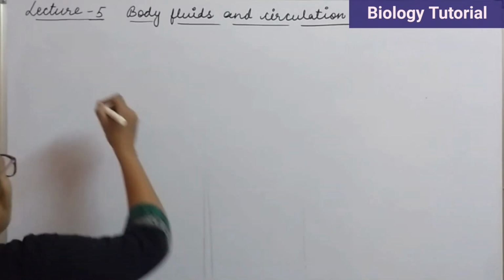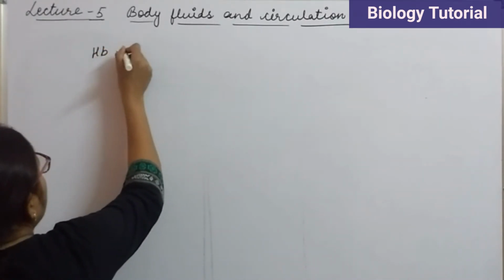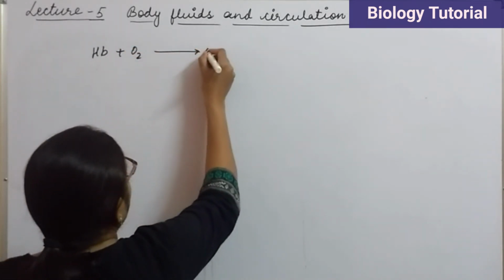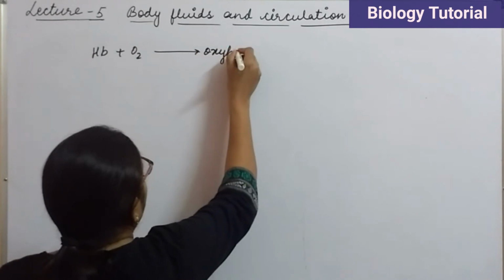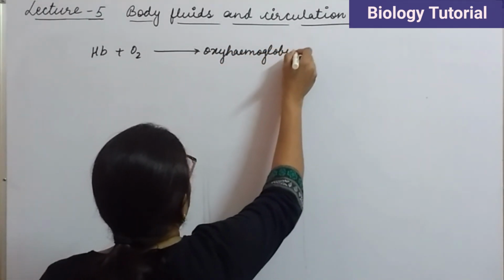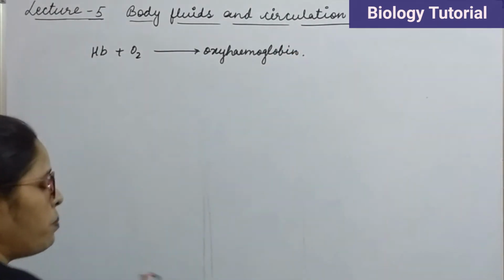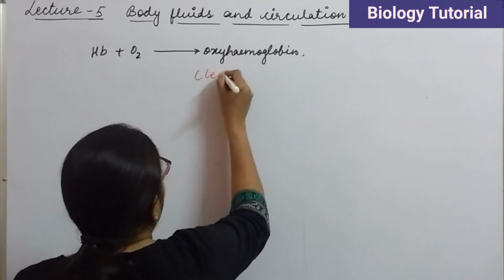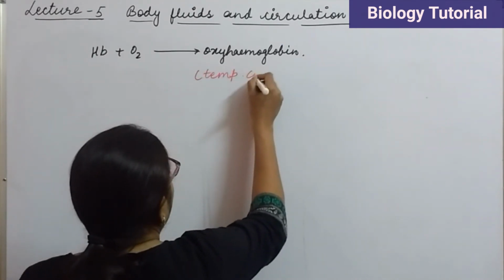First, when hemoglobin is combined with oxygen, it forms oxyhemoglobin, and this oxyhemoglobin is a temporary compound. Clear?